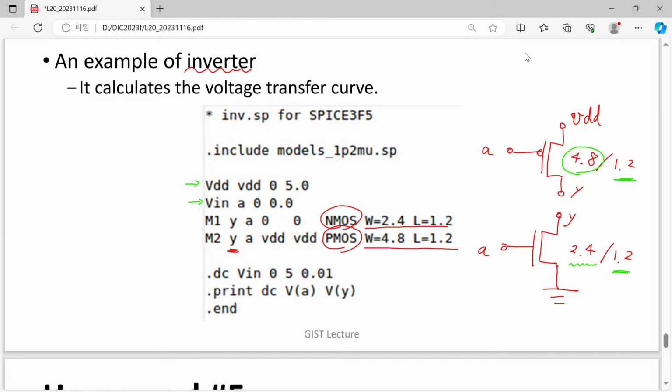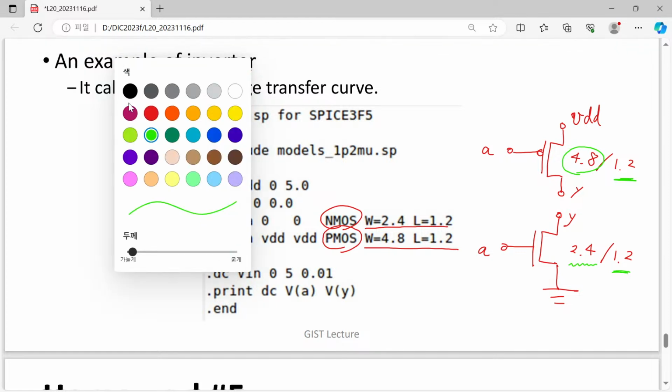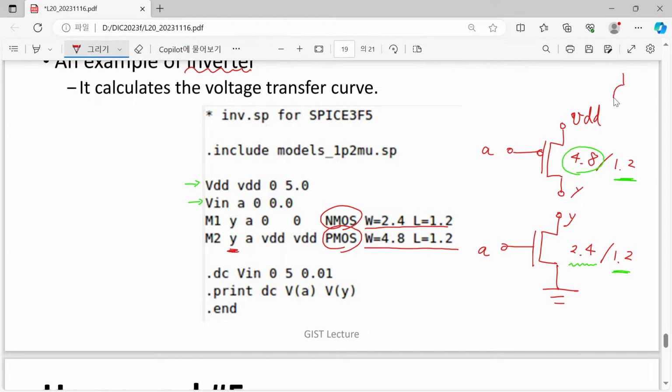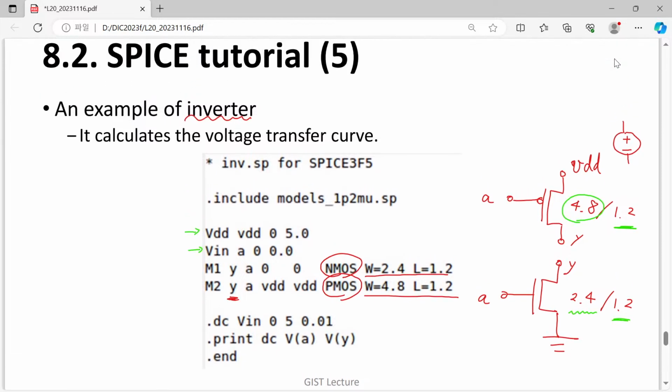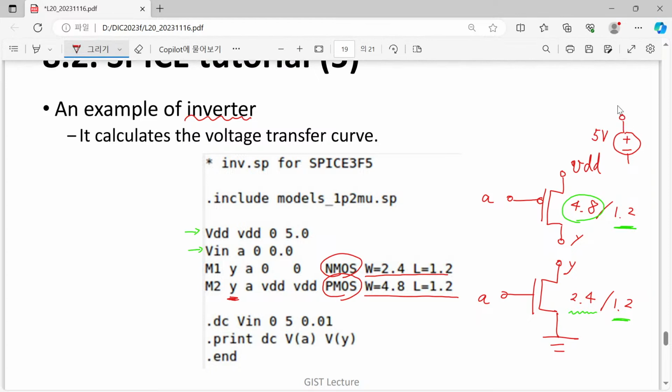And here we have voltage sources. One voltage source is called VDD, and its value is 5 volt, and it is connected to the VDD node and ground. There is another one, VIN, and it is just kept at 0 volt.